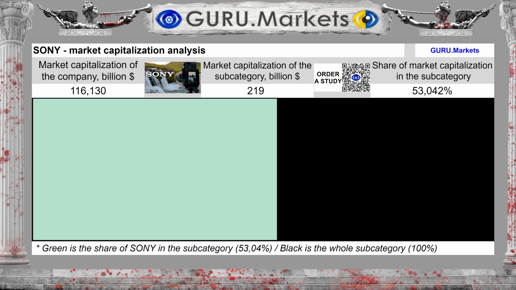Market capitalization of the company Sony Group Corporation is valued at $116.13 billion, with a subcategory capitalization of $219 billion. Sony Group Corporation ADR accounts for a share of 53.042%. This is the main leader of the subcategory.